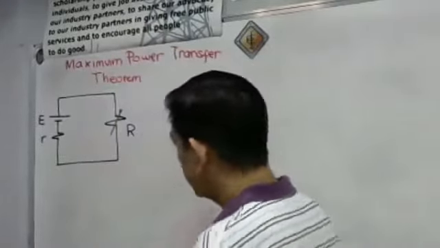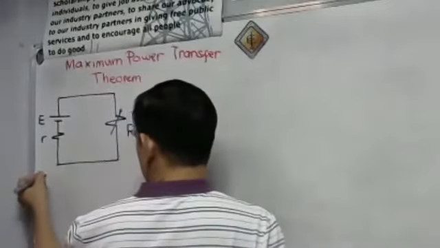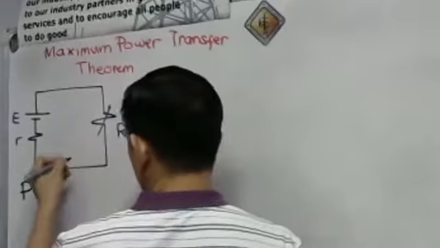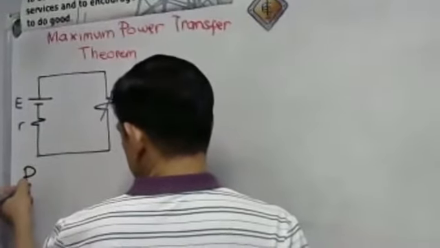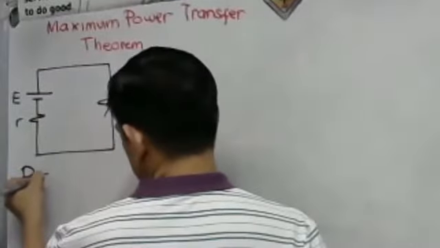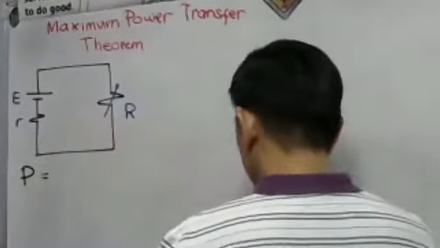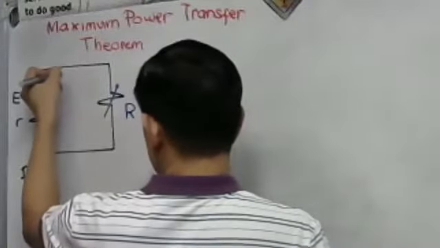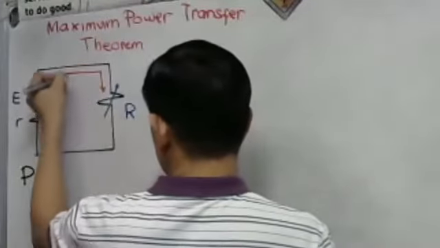So, let us have our power. What is our power flowing to our load? So, this is our current. There's only one current, no?